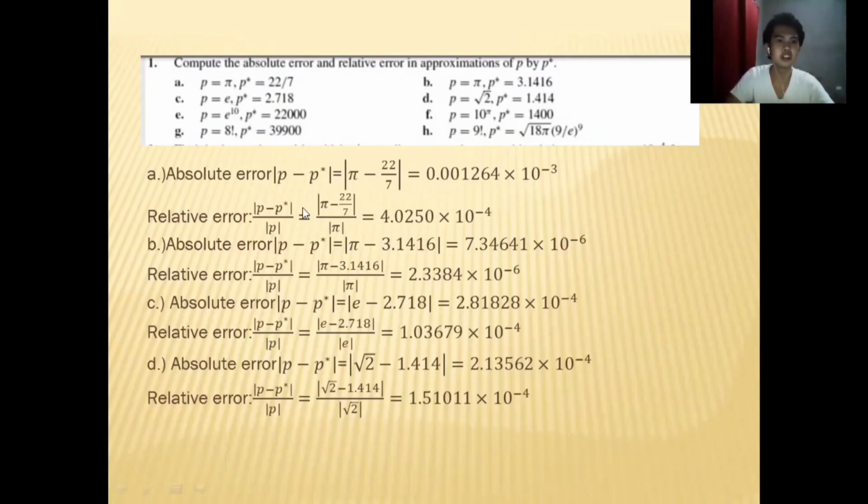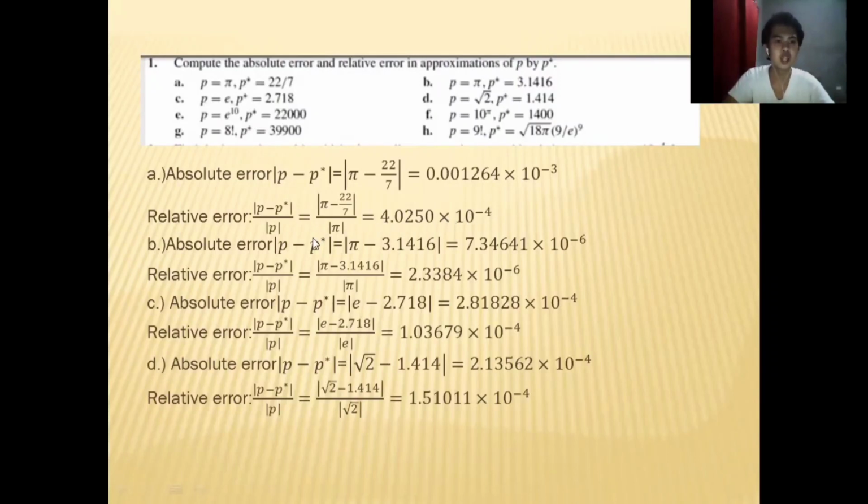And in relative error, absolute value of pi minus 22 over 7 over absolute value of pi equals, using calculator, 4.02550 times 10 raised to negative 4.